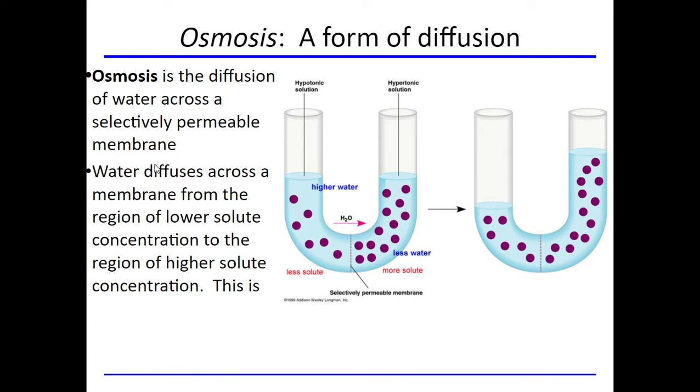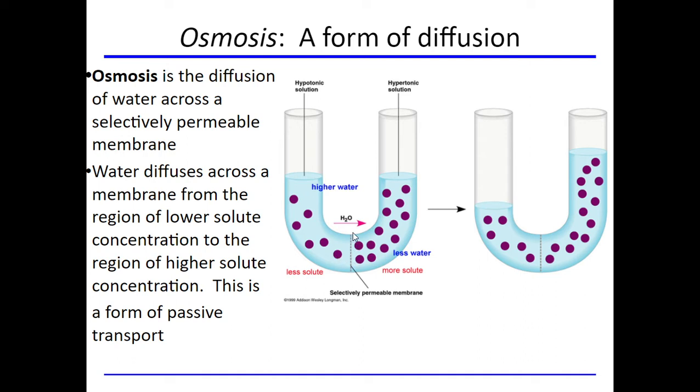Osmosis is this idea of water diffusing from a region of low solute concentration, hypotonic, to high solute concentration, hypertonic. And again, this is passive transport because water is not alive. This particle could be, I don't know, sugar, like sucrose perhaps.